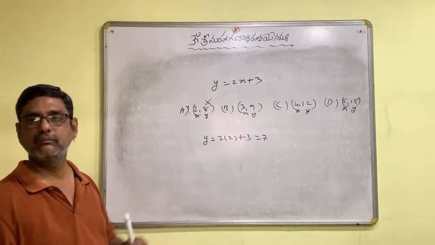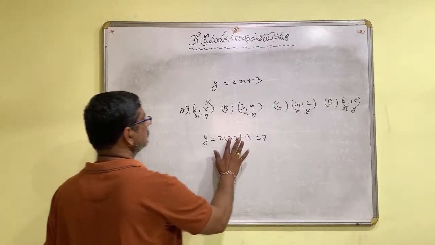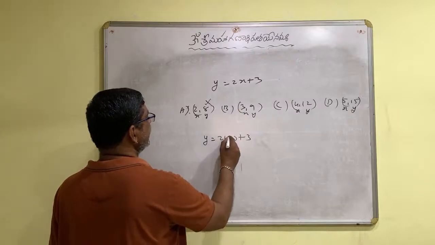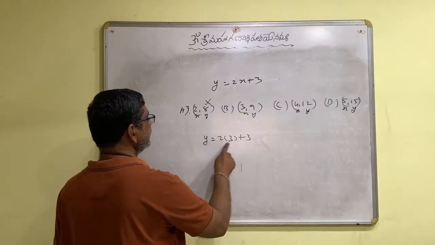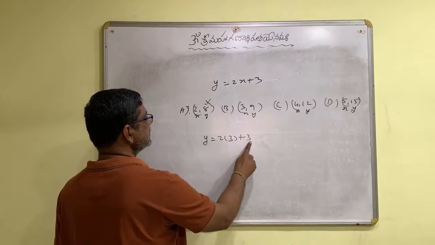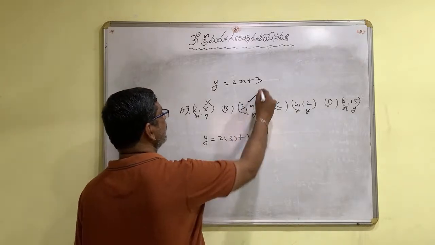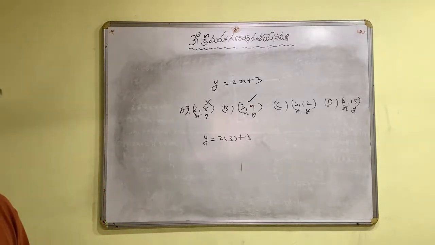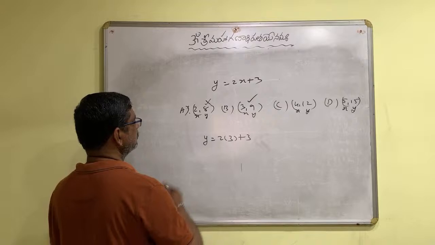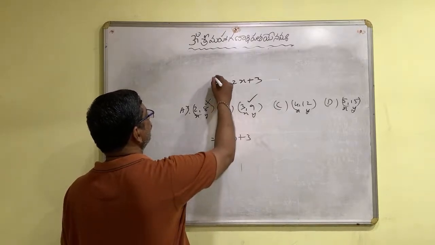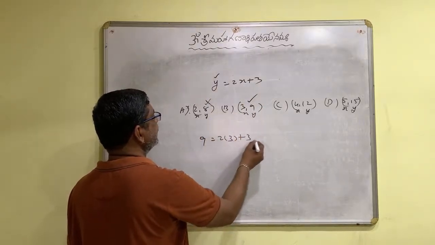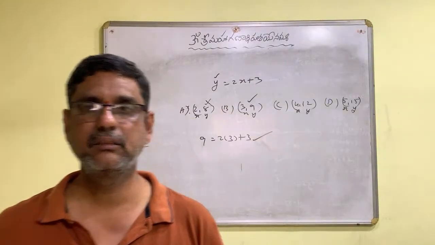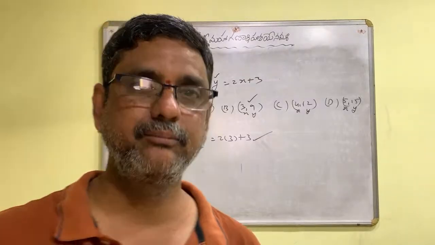Now put 3: 2 3s are 6, 6 plus 3 is 9. So this will work out. 9 is equal to 2 into 3 plus 3, right? So option B is right.